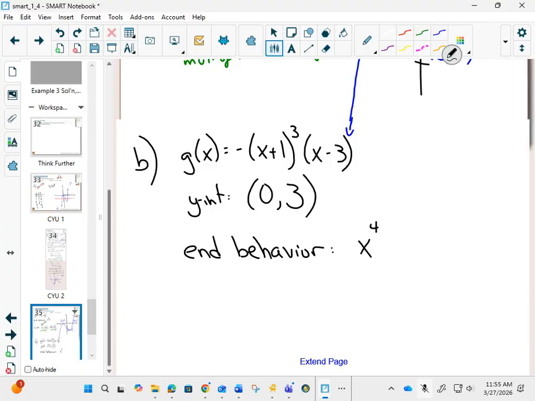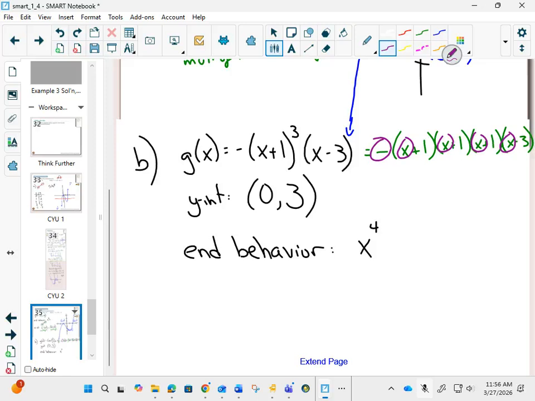If you multiplied all of the first ones, you see that would be 1x to the 4, and there's also a negative out in front. This is going to be a negative x to the 4 graph. So my end behavior tells me it acts like a parabola. There's my end behavior. It's going to be going down in both of those directions.